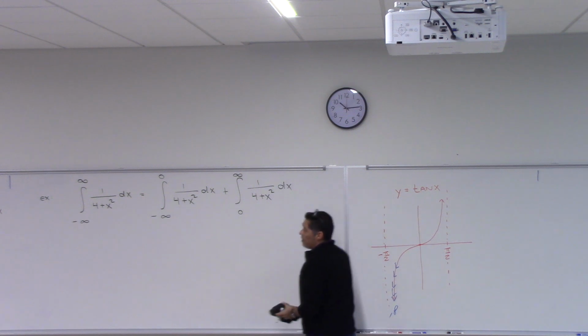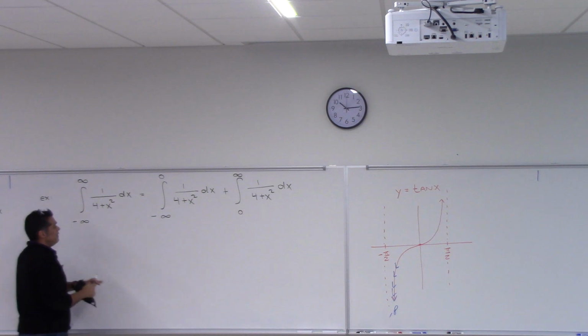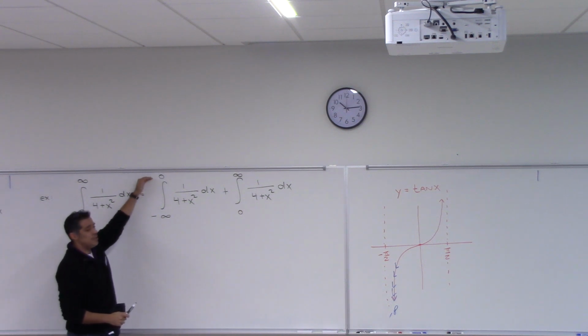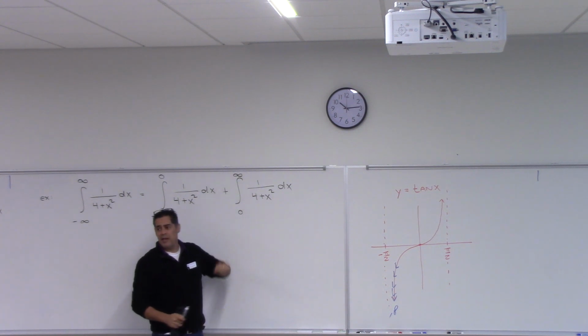So what I did is I said, if you want me to go from negative infinity to infinity, I'm going to first figure out what happens when I go from negative infinity to 0, and then add to that the integral from 0 to infinity.